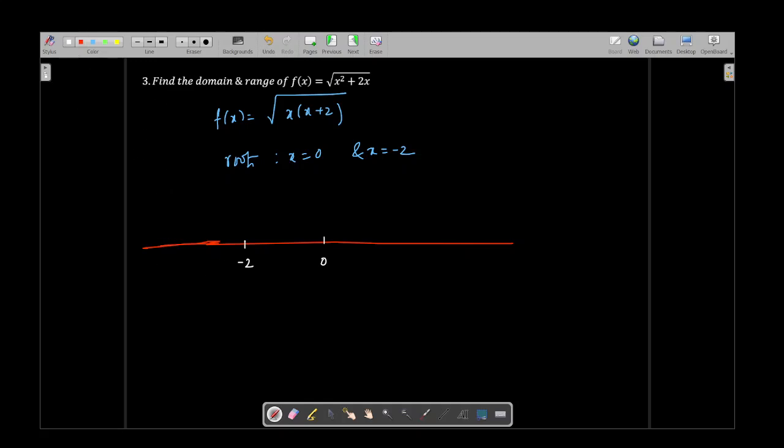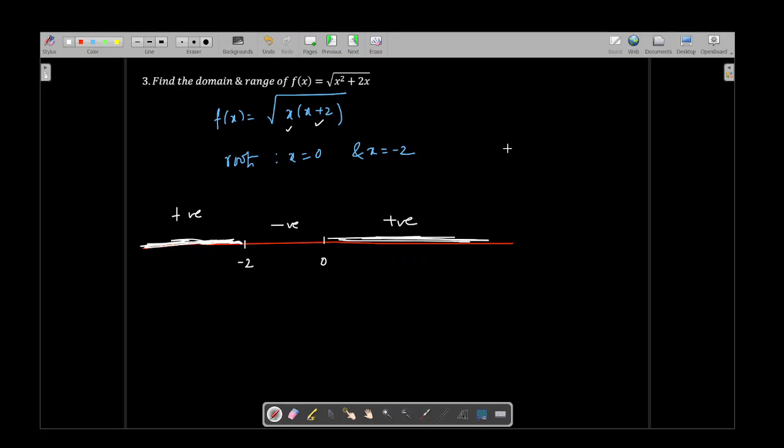Anything from minus infinity to minus 2, both these terms are negative, so you will get a positive value of the product. From here to here, both are positive, so I'll get positive. Here you get a negative value, the product is negative.